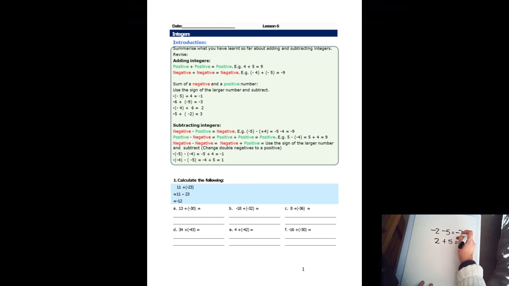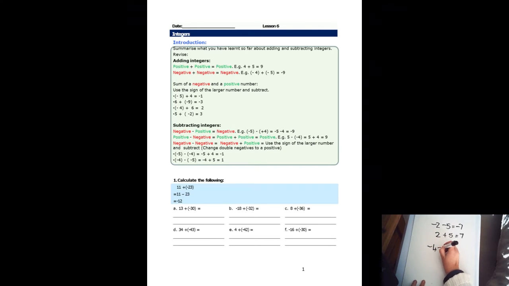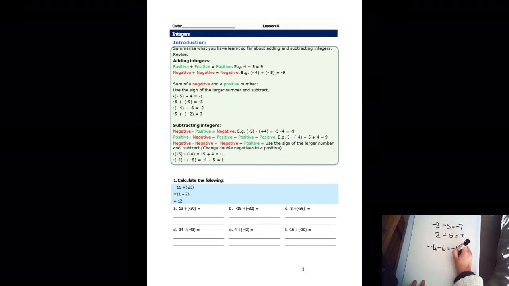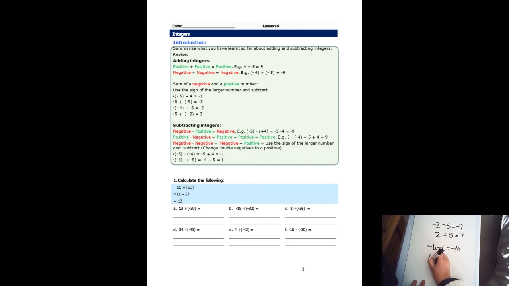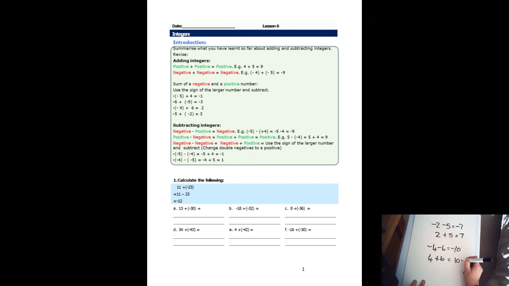So they are like mirror images of each other. If the numbers are both negative like that, there's no multiplication, it is a simple sum. So if I say -4 -6, you're going to get -10. And if I say 4 plus 6, you're going to get +10. So they are like mirror images of each other.